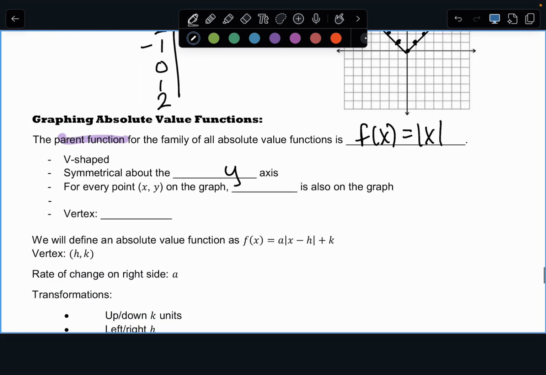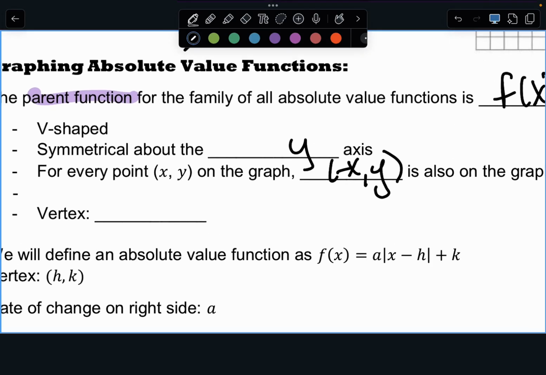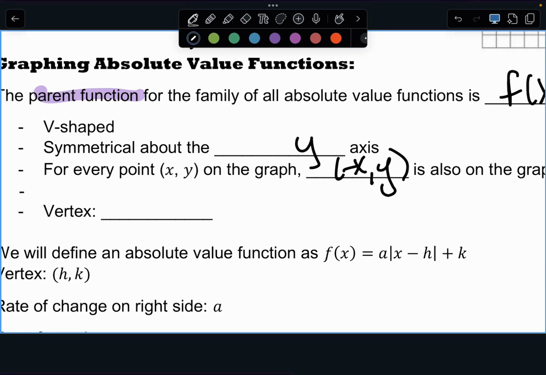And then kind of like we talked about, if we have the point x, y on the graph, or for example, 1, 1, we're also going to have the point -1, 1, or -x, y. That's what makes it symmetrical. 1 and -1 have the same y coordinate. 2 and -2 have the same y coordinate. Okay?